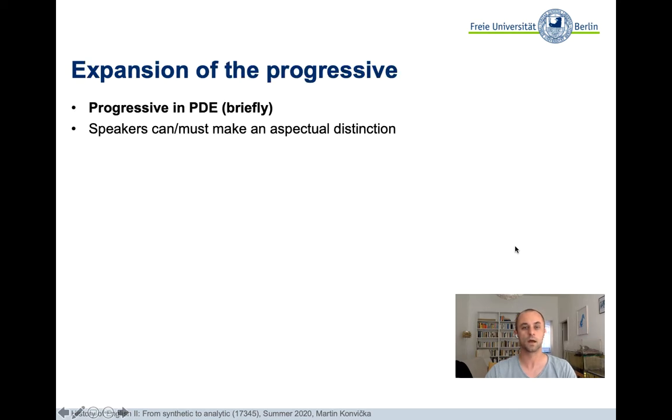Right. So as you all probably know, in English, we have the option to either use the verb in the progressive form or not. And by opting for the progressive form, we can make an aspectual distinction, right? We don't have to, but we can.